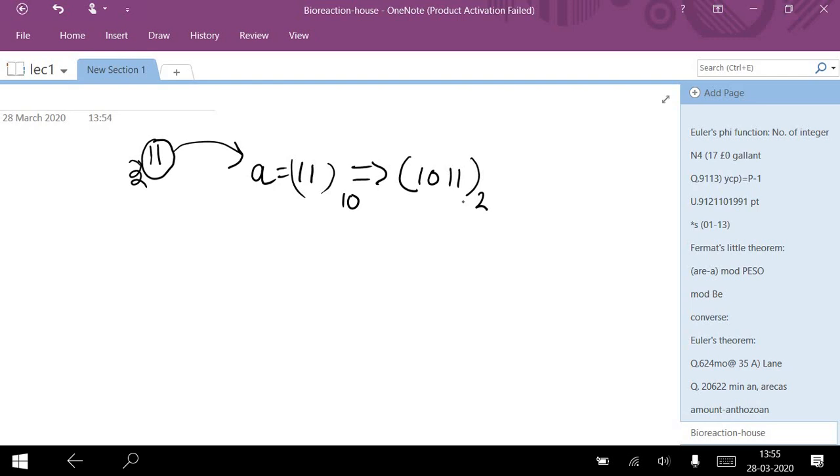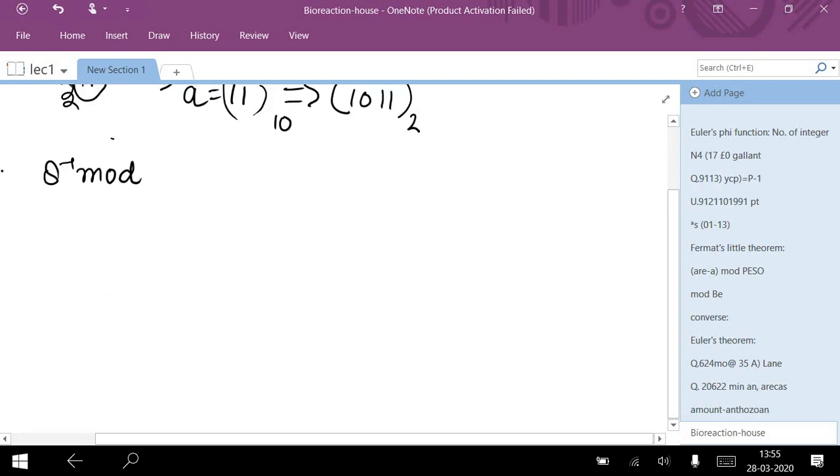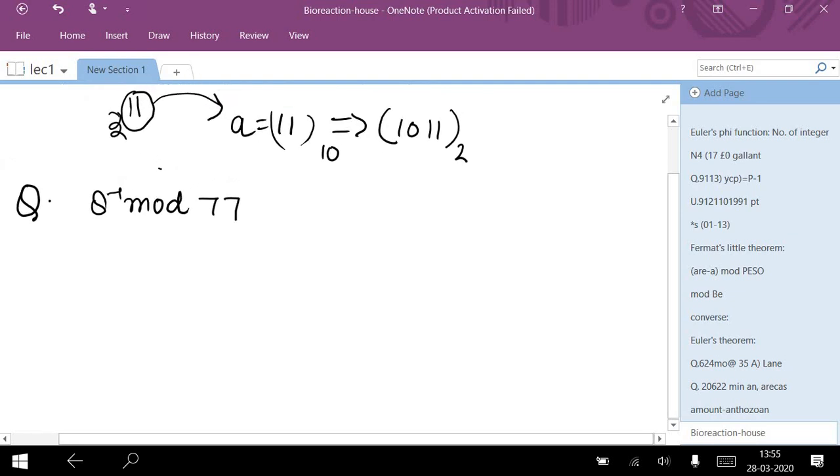In order to solve this type of equation, you have to fix some things. I will solve this equation, the multiplicative inverse of 8 mod 77, by using the modular exponentiation algorithm. This is the value of b, this is the value of m.